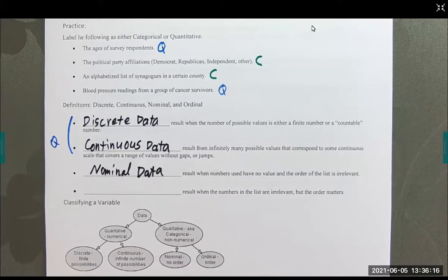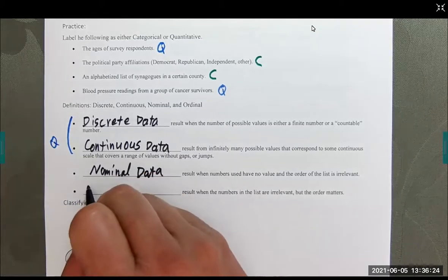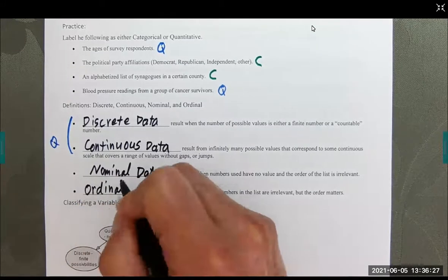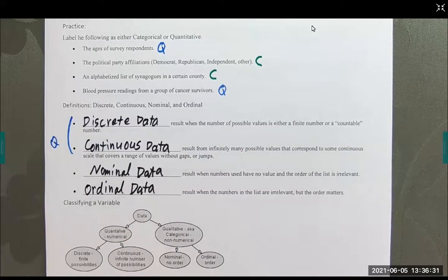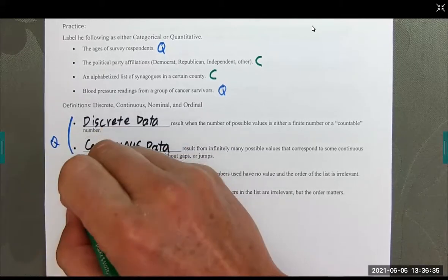So I kind of touched on this just a little bit earlier, where we have a list, but the order is completely irrelevant. That's versus ordinal data. This is where the order does matter. And both of these have to do with the categorical.